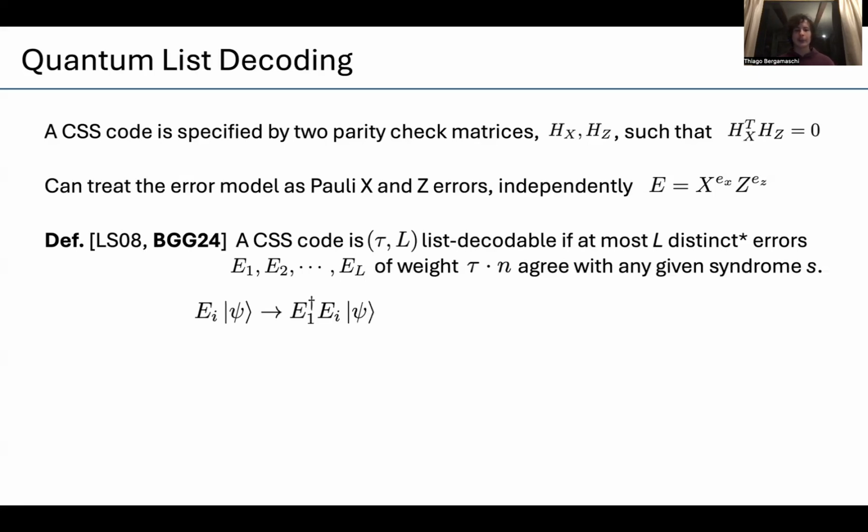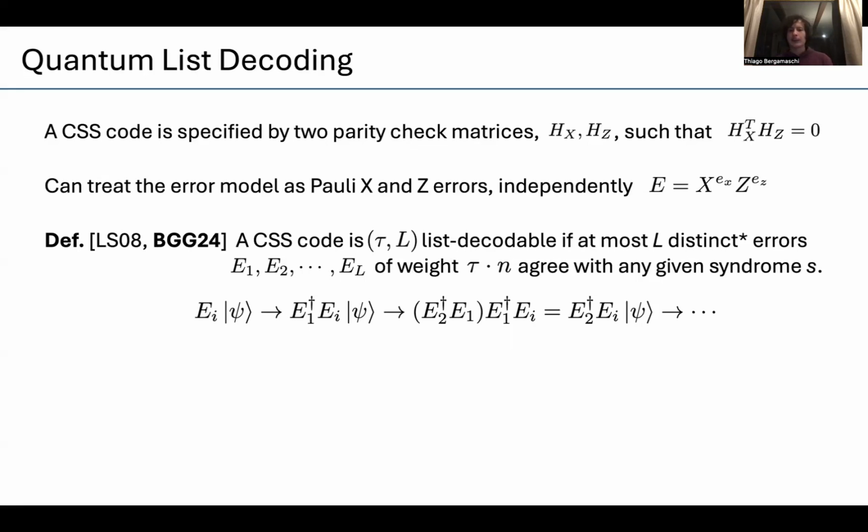Suppose we attempt to decode by applying E1 as a correction. Then maybe we perform some post-processing, and subsequently we can try the next correction by reversing our correction E1, since these operations are all unitary matrices, and trying the next one by applying E2 dagger, and so on. And shortly I'll describe how this intuition is leveraged for decoding.